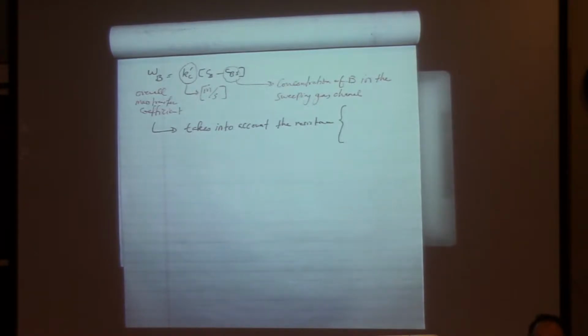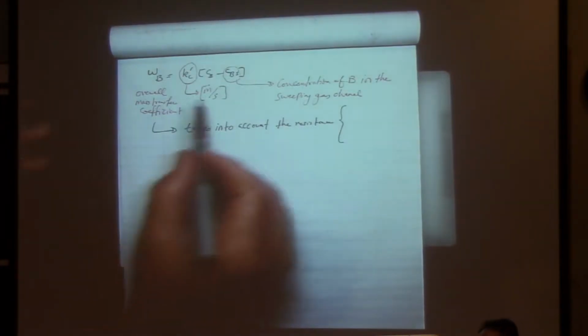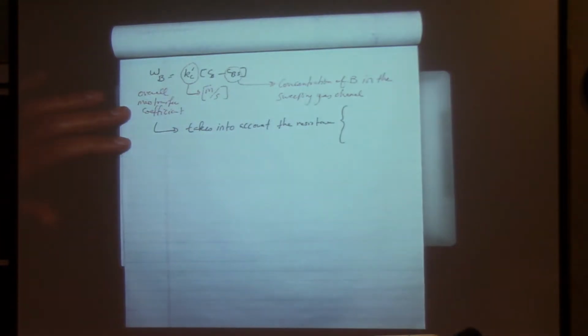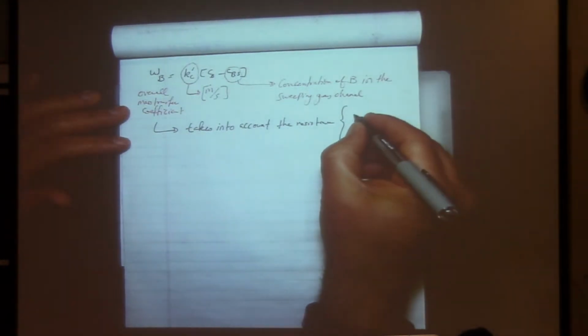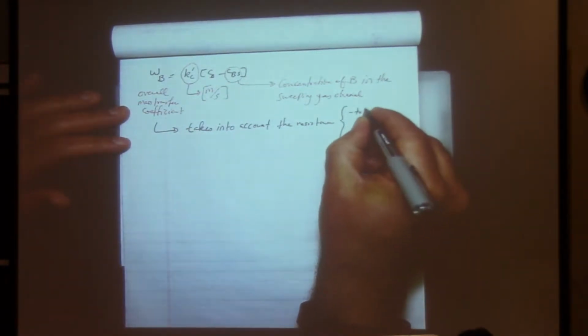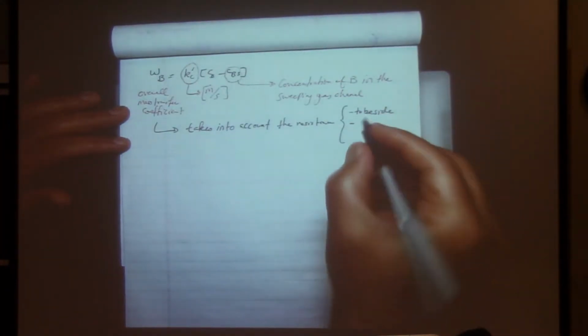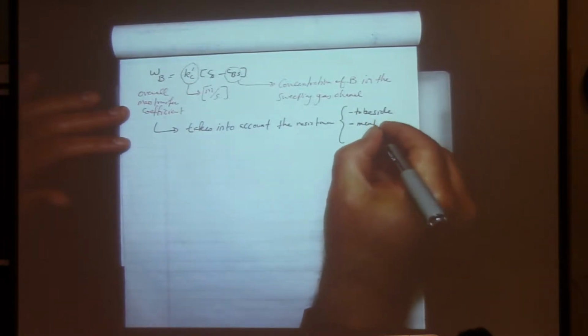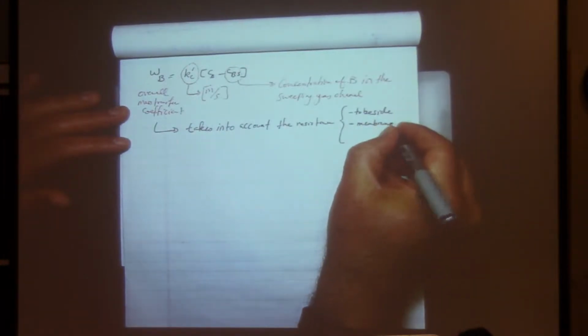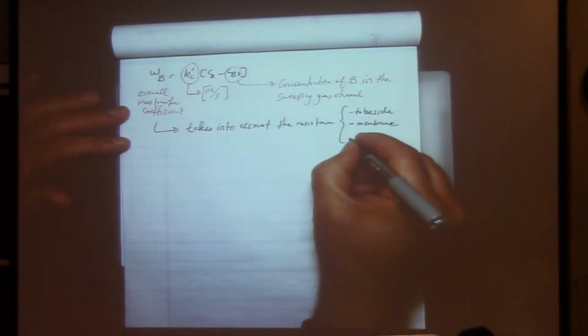If you remind yourself of the heat transfer course that you have, you have different resistances, right? So this mass transfer coefficient takes into account all kinds of resistances, including the tube side, which means inside the tube, the membrane, and also the shell side.